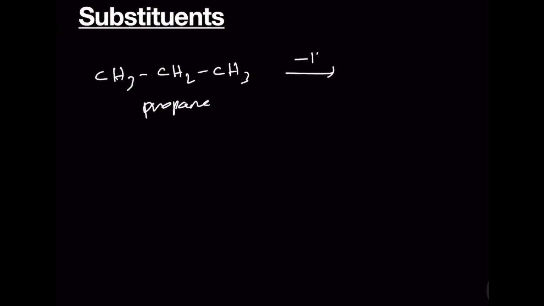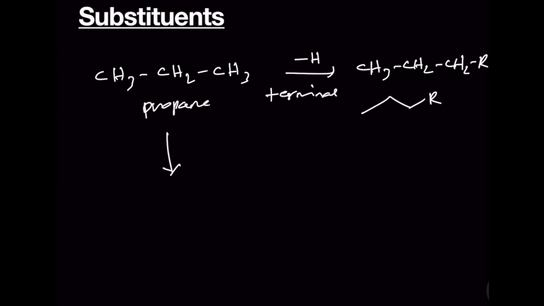If you remove the hydrogen atom from the terminal position, one of the terminal CH3, then you get propyl. So this will be in bond line notation like this. On the contrary, if you remove the hydrogen atom from the CH2, which is in the middle, then you get isopropyl.